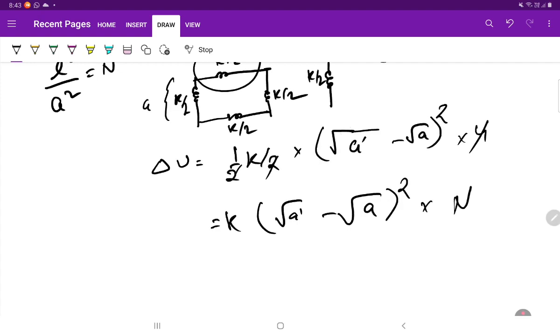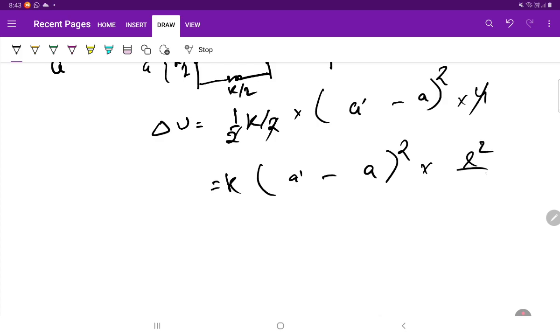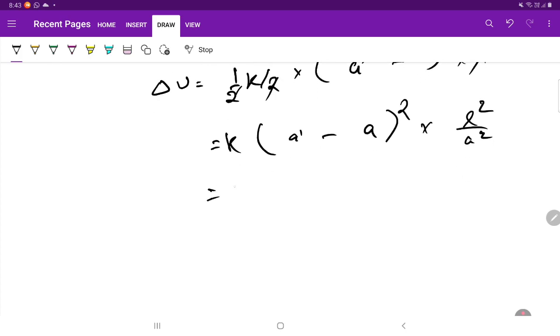Just a minute. Sorry, it will be root a dash minus root a, where a is the length. I am not taking a dash to be the area; a is basically the length. Now n is L square by a square. So you can say that the final change will be k times L root a dash by a minus L, whole square.